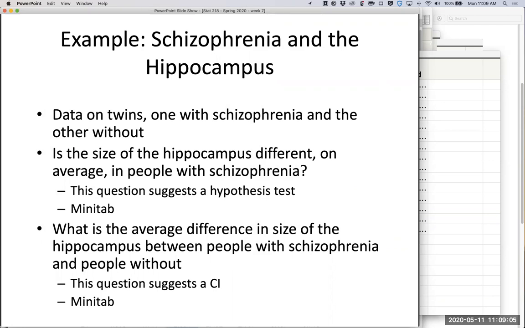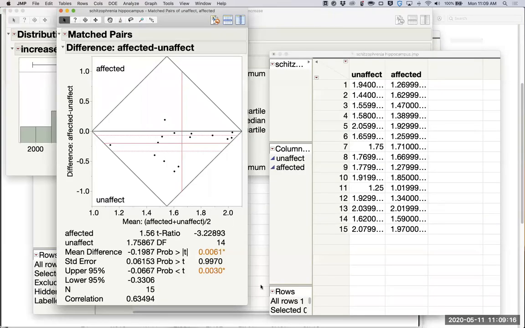What about the confidence interval? Now that I say that there is a noticeable difference between the two groups, what is the size of that difference between the two groups? Confidence interval. My average difference is negative 0.2. My confidence interval is negative 0.07 to negative 0.33.